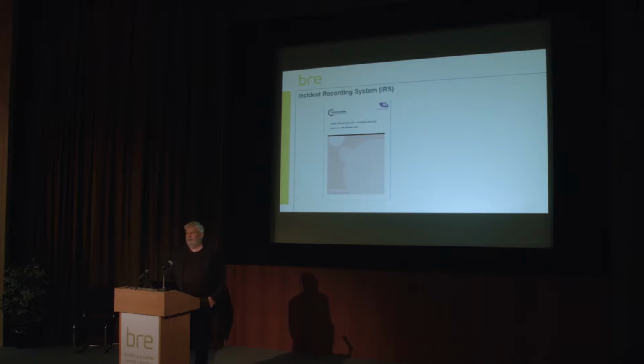If you need to go deeper than that, then you can access the full range of fire statistics from the incident recording system. The table of contents and all the questions are available in the document online.